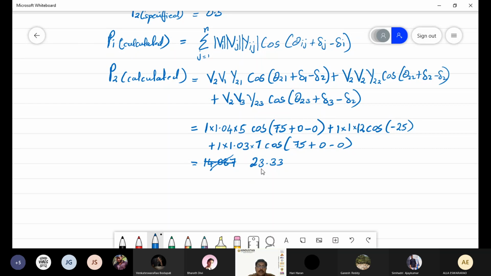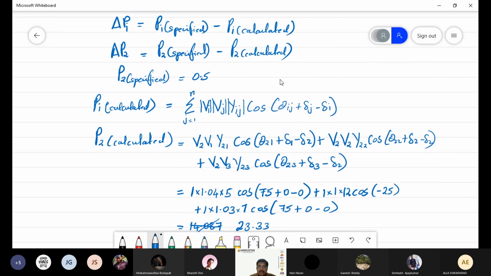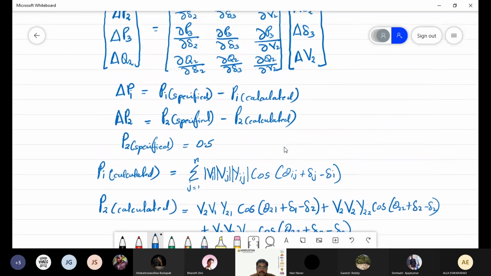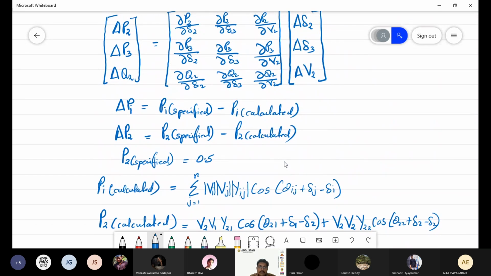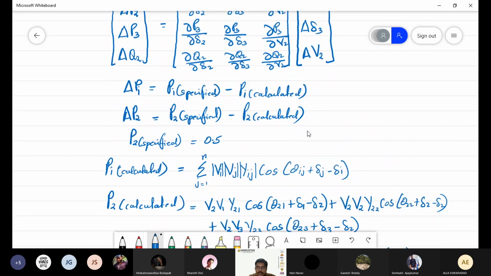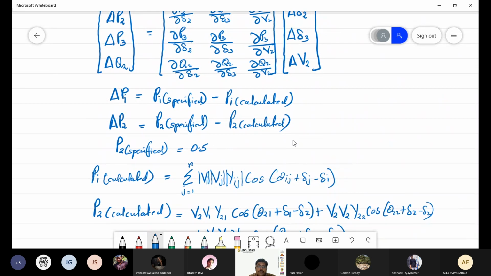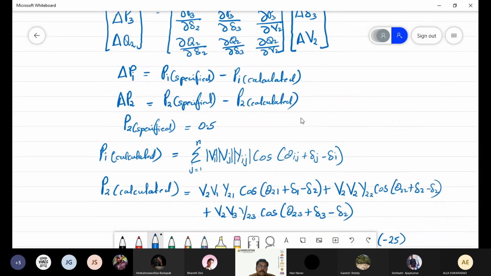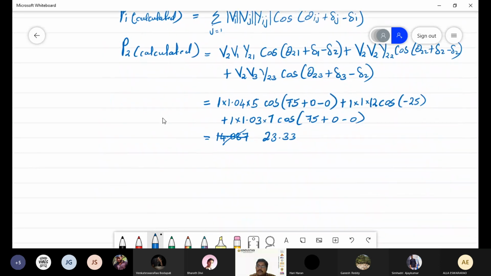So once we are able to identify the answer, we can move to the next step to calculate the change in P3, change in Q3, Q2, etc. As of now, we found the change in P2, this del P2, and similarly we need to find del P3 also.